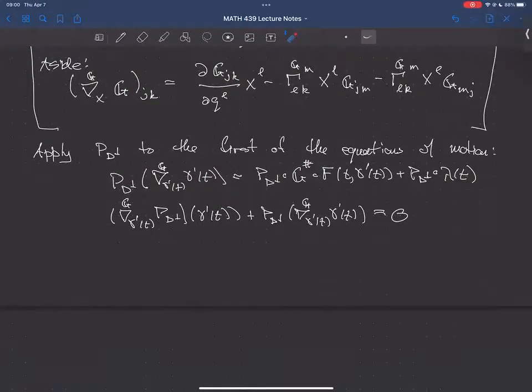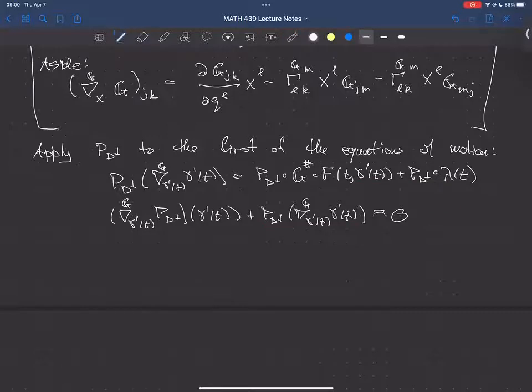So I get that this is equal to minus that, but it's also equal to that, and I'm going to use that to solve for lambda.